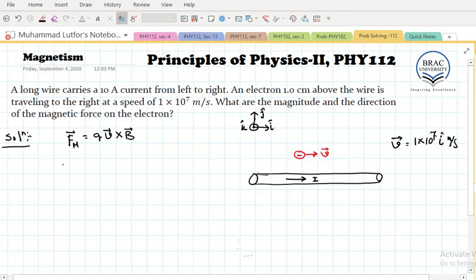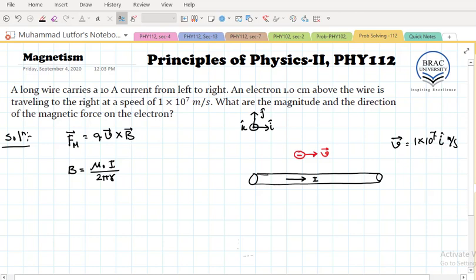We know that the magnetic field for a long straight wire is given in magnitude by μ0 I divided by 2πR, where I is the current through that wire and R is the perpendicular distance from the wire to the location of the magnetic field. Fine, that's the magnitude. I also have to find the direction of that field, because magnetic force is a vector, which is a cross product, right?